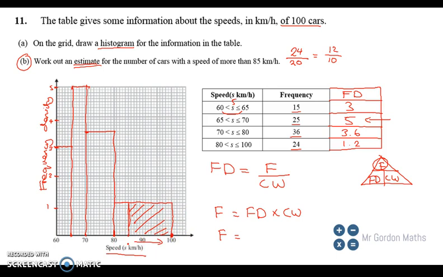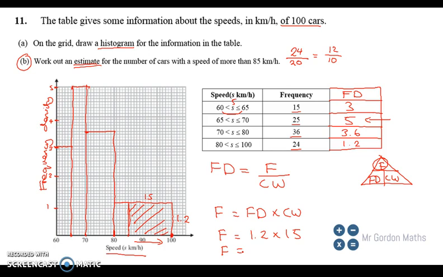And we know that that box there is 1.2 high. And we also know that this section here goes from 85 to 100, so that's 15. So the frequency is 1.2 times the class width of 15. What do we get if we do 1.2 times 15? Well, 1 times 15 is 15.